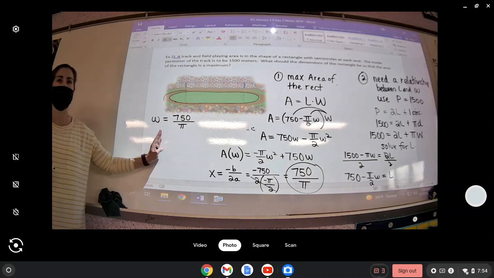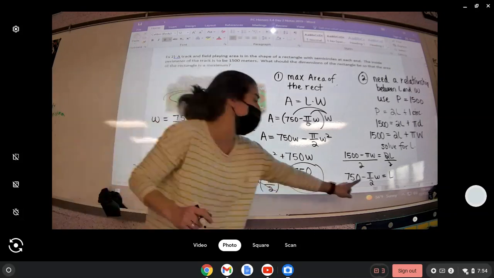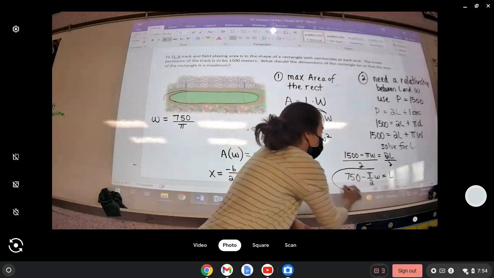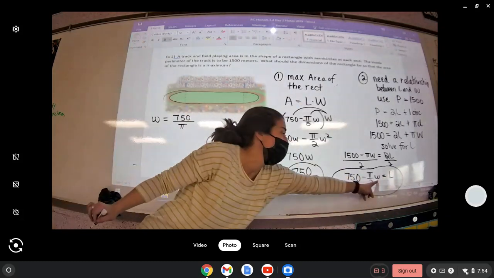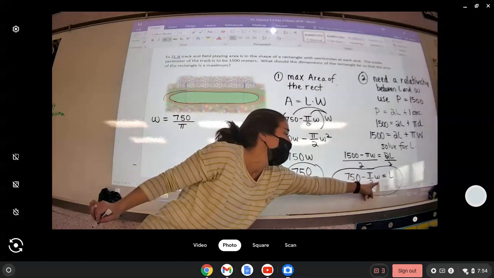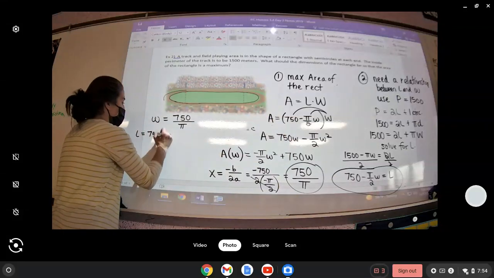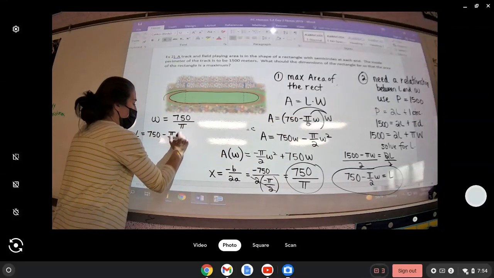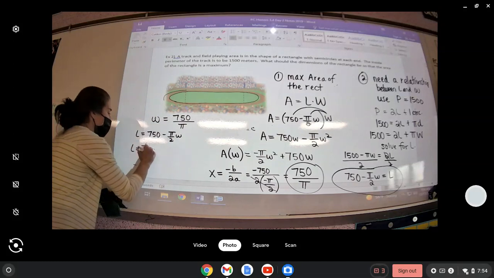So we know that's who our width is going to be. Now we need the other dimension, the length. And guys, we have a formula right here that says who the length is going to be equal to. So let's plug W in right there, the 750 over pi, and let's see who L is going to be.